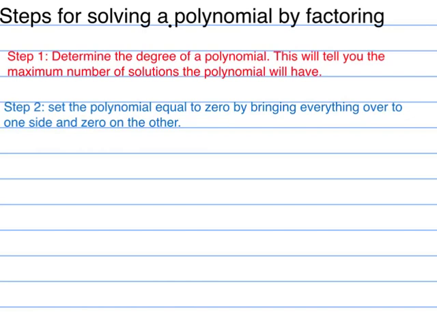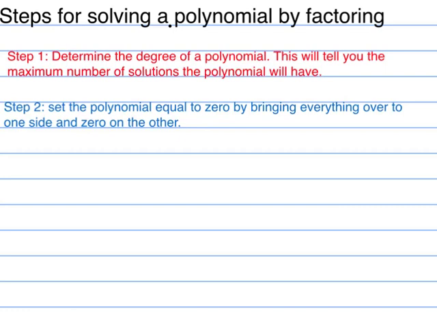It doesn't matter which side you bring the pieces over to, but what I like to do is not have negatives. So I take my highest power and I want that to be positive. So if it's a negative on one side, I'll bring it over to the other to make it positive.